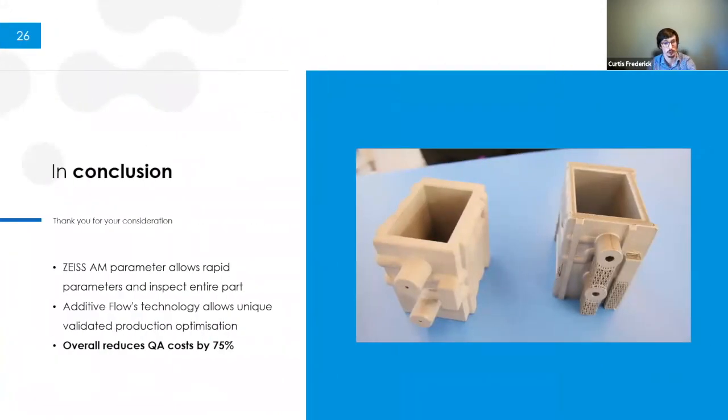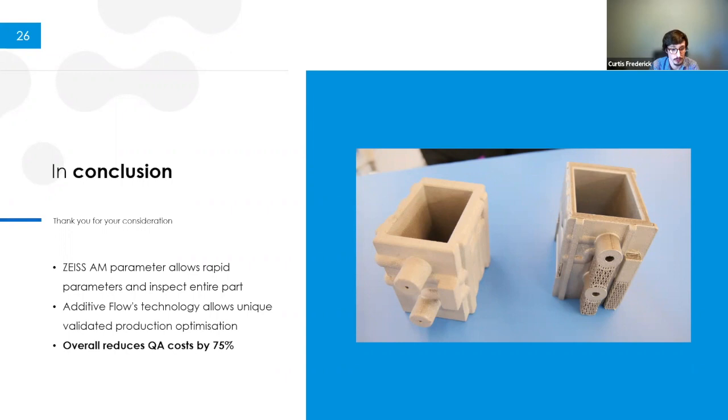So with this, we were able to come up with new parameter sets for aluminum silicon 10 mag that far exceed standard production processes, and then apply those to the part in a unique way that seamlessly jumps from one speed to higher speed.